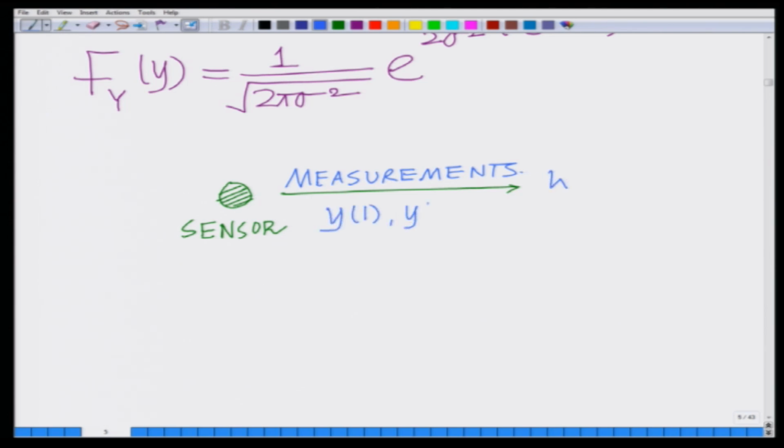So, we have measurements y1, y2, up to yn, and these are the multiple measurements being made at different time instants 1, 2 up to n. So, we have capital N measurements being made at capital N time instants.